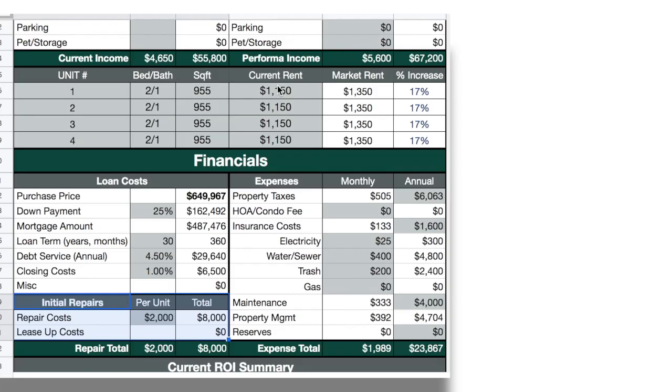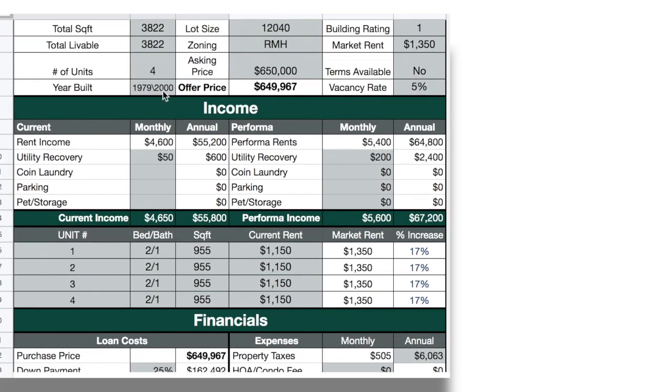The seller may or may not have ignored maintenance requests that came in the last 3 to 6 months while he was getting ready to sell the thing. So there's probably going to be some deferred maintenance. So I'd always assume at least $500 per unit, even if you're not going to do anything, because that's more conservative. In this case, since we are going to pump the rent up a little bit, I'm just assuming $2,000 per unit. Again, we know the property is in pretty good condition because it was fully remodeled in 2000.